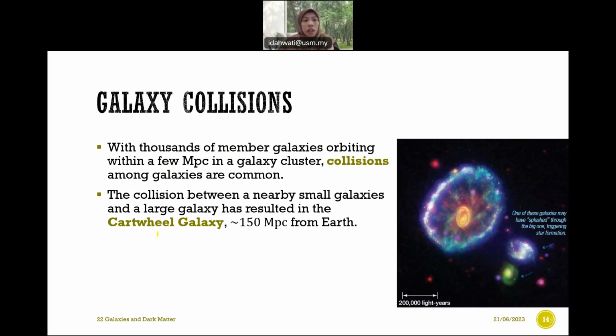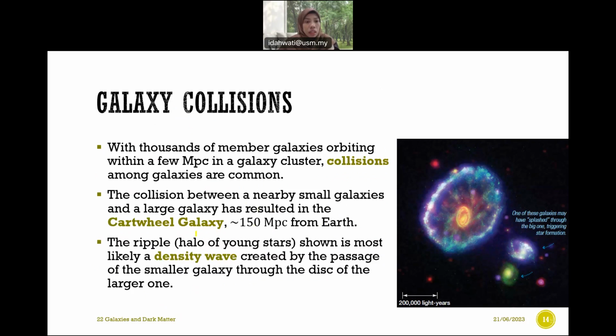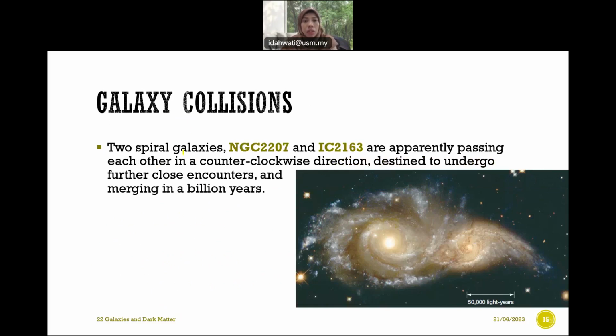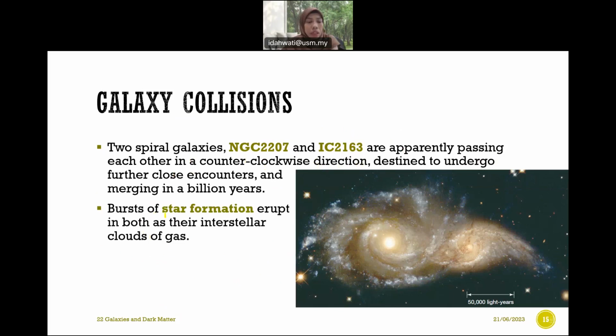Here we have the Cartwheel Galaxy, and the ripple, the halo of young stars, is most likely a density wave created by the passage of a smaller galaxy through the disk of the larger one. Here both spiral galaxies are apparently passing each other in a counterclockwise direction, and bursts of star formation and the dust within are pushed, shoved, and shocked.